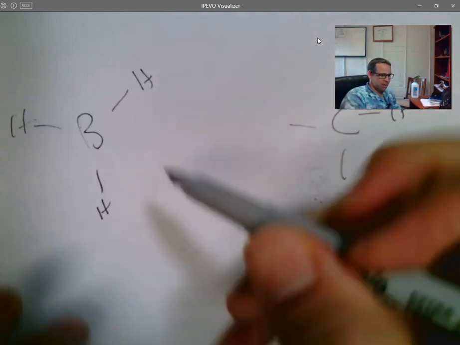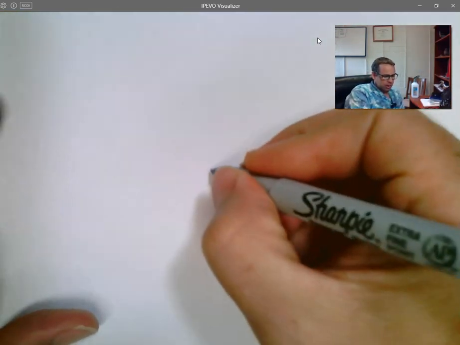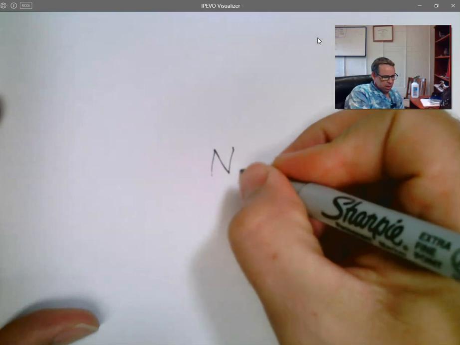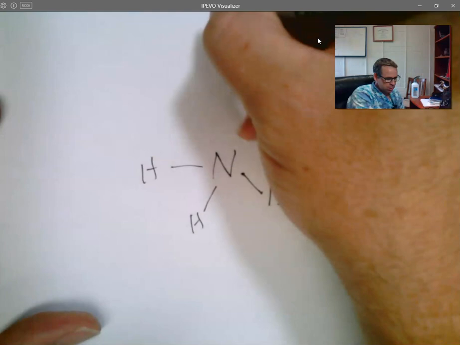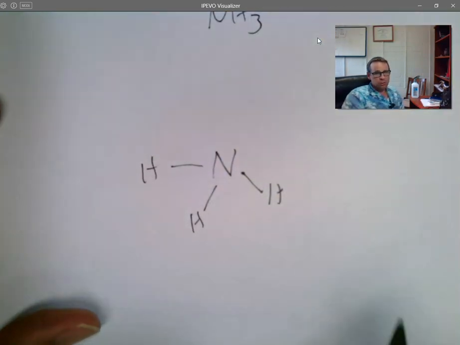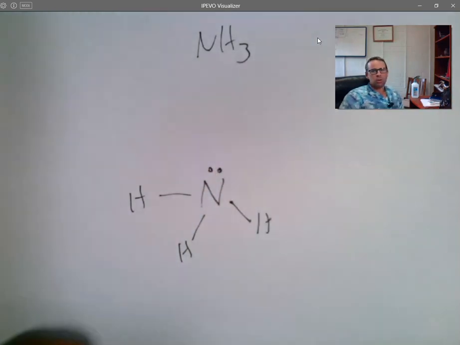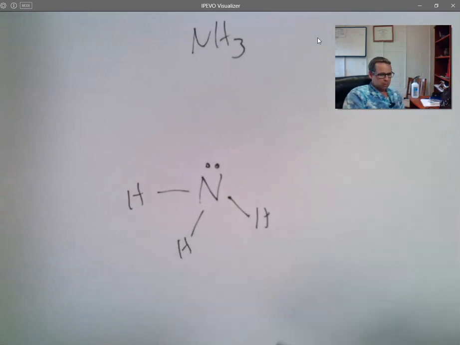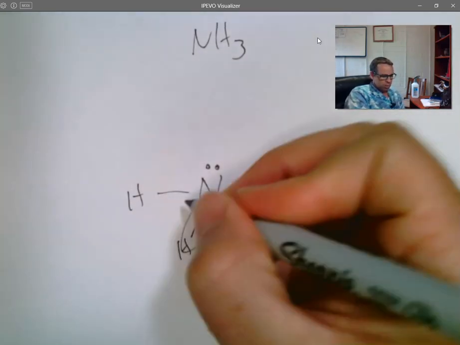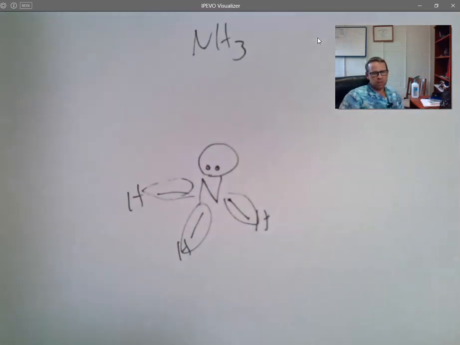So the angle depends on the number of regions of electron density around the central atom. So, for example, if I have this compound here, NH3, now if we drew this out and took our time, we'd realize that we need 2 more electrons, a set of lone pair electrons. This compound here has 1, 2, 3 regions of electron density, and then there's the 4th region of electron density.